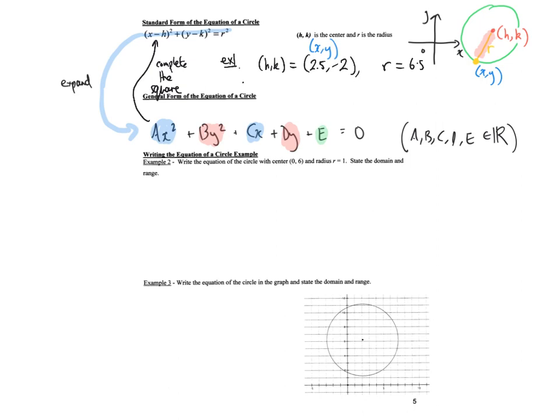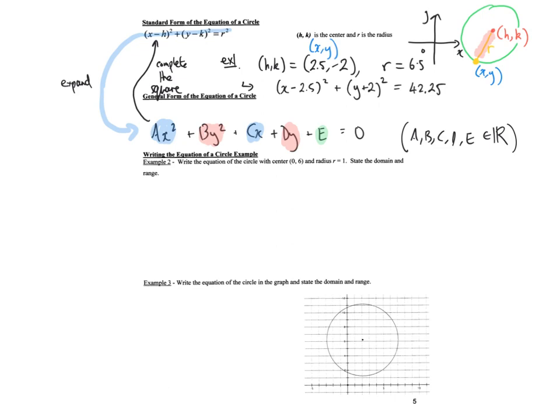So thus, the equation for that circle is x minus h all squared plus y minus k all squared. So that double negative becomes a positive. And then we're supposed to square 6.5. So that'll get us 42.25.